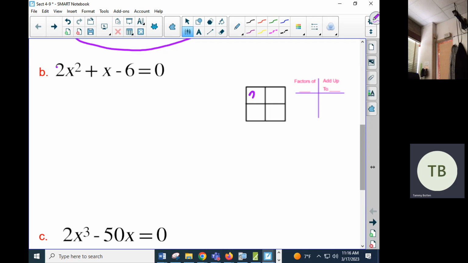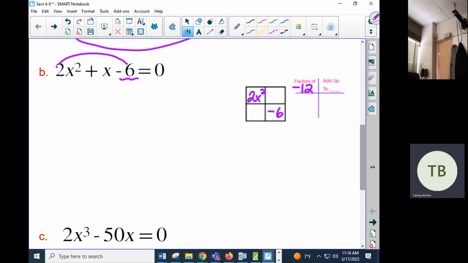The 2x squared goes here. The negative 6 goes here. And everything we did so far, if this was negative 6, that was negative 6. If you have a number in front of the x squared, it's different for this. What you do is you multiply this number times the negative 6, and that goes right here.